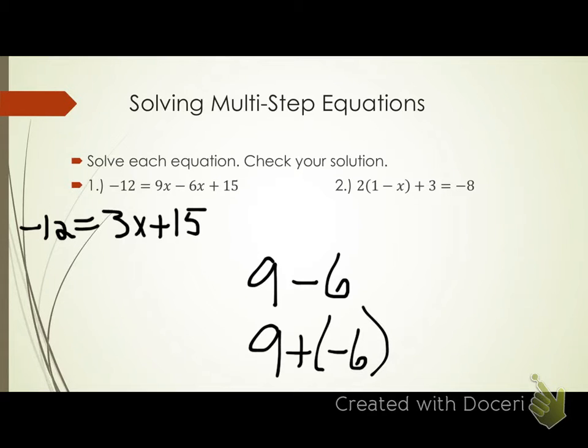Subtracting a number is the same thing as adding its negative. So if we do either one of those, we're going to get the same thing. What's 9 minus 6? 3. What's 9 plus negative 6? 3. Good?